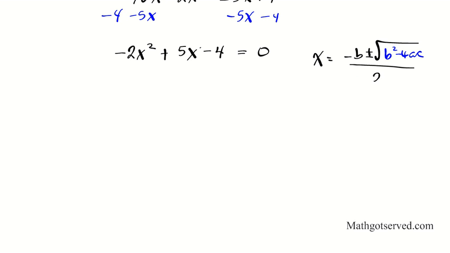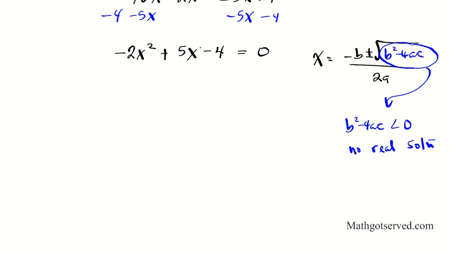That expression under the square root is the discriminant. If the discriminant, b squared minus 4ac, is less than 0, then there are no real solutions. If it's greater than or equal to 0, then we have real solutions.